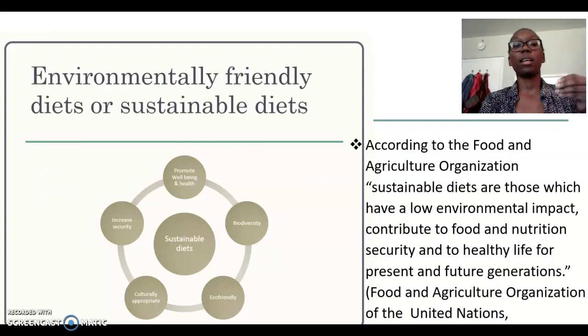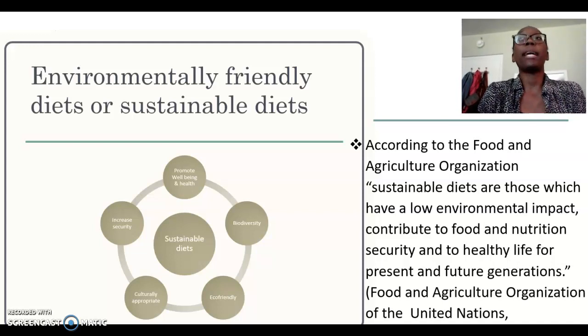But when it comes to a diet being environmentally friendly or environmentally sustainable, we're looking at what we eat on a daily basis having a low impact on the environment and contributing to food and nutrition security and a healthy life for our future generations. There might be some foods that don't have much impact on the environment, but when they're combined, they're not nutritionally healthy.